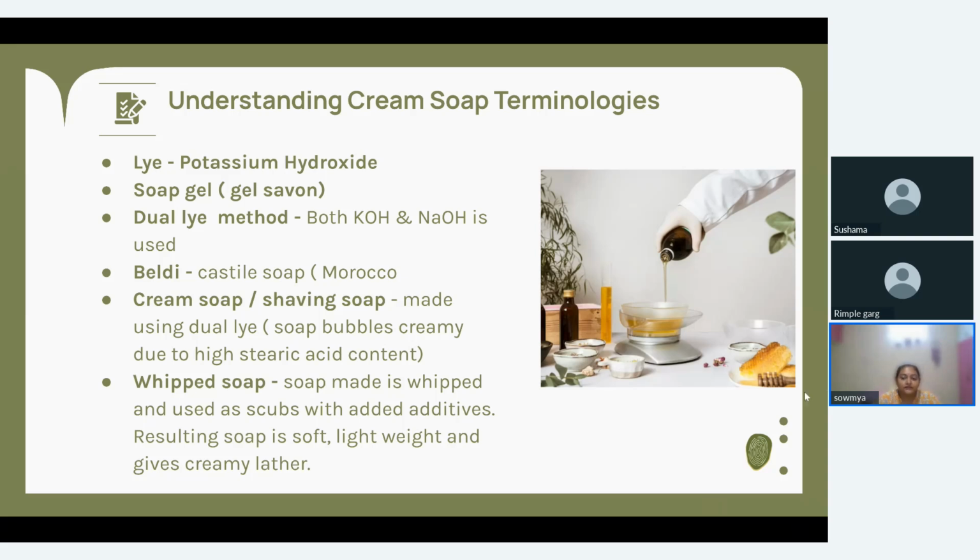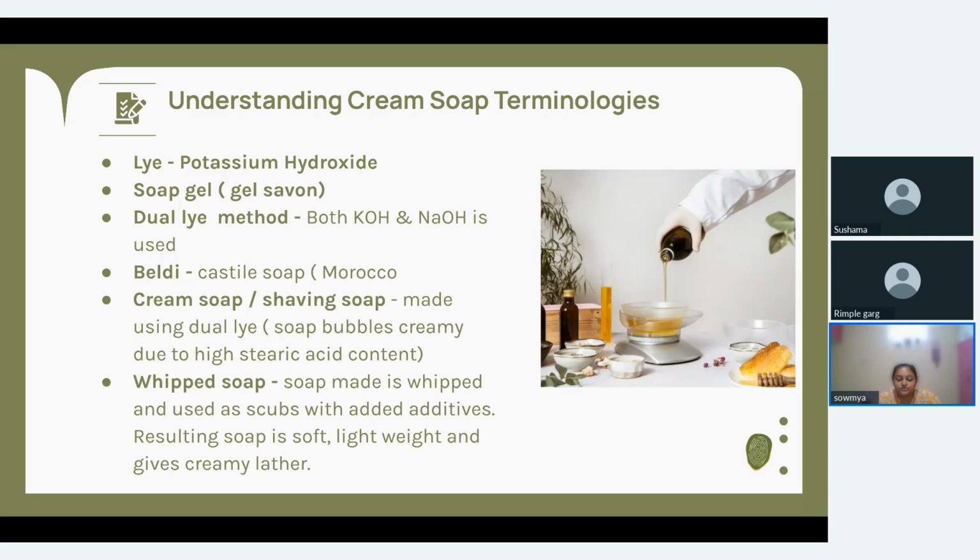What I mean by whipping the soap is you take a small amount of the paste and use a stand mixer or an electric handheld whisk, and you continuously whip it just like how you whip a cream.